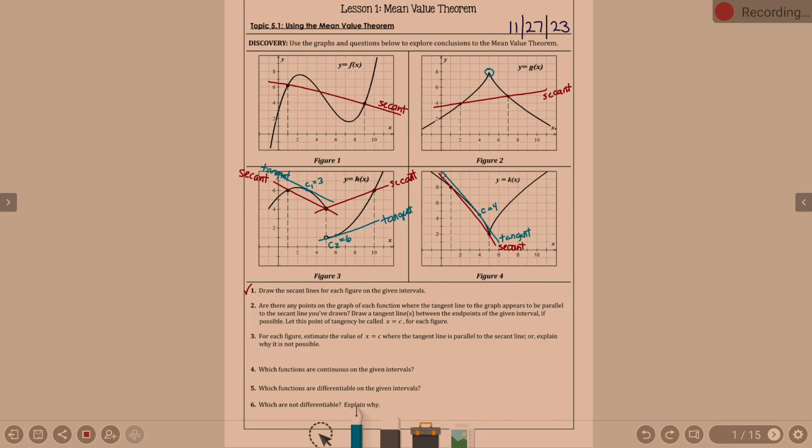Okay, what about figure 1? I'm thinking like 2 and 3, in between. Mine in my notes is at 2.5.